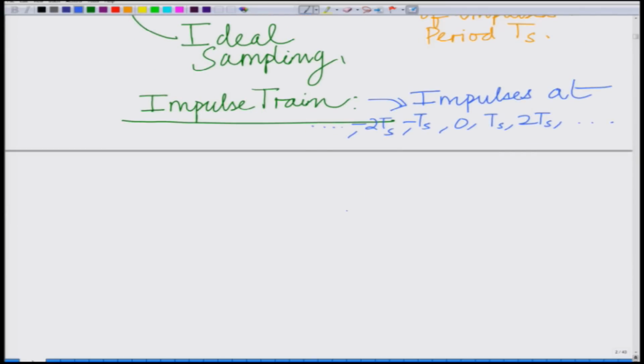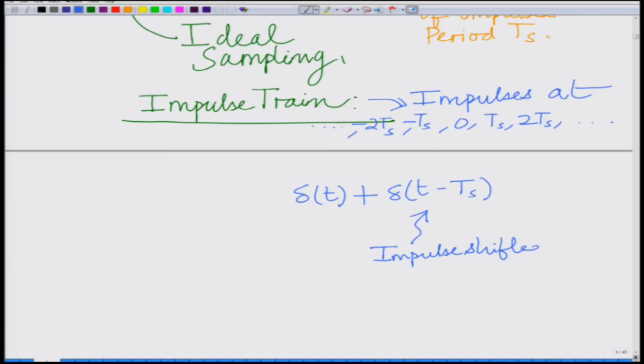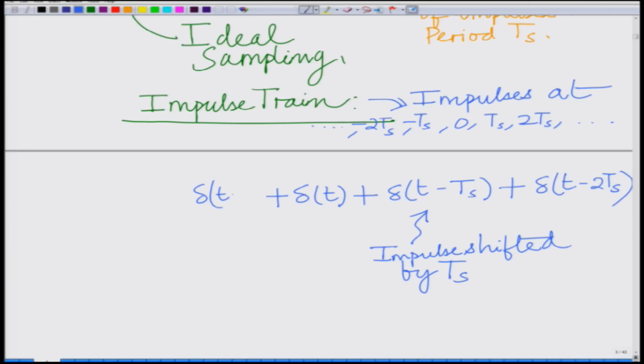The corresponding signal is an impulse at 0, delta t, plus an impulse shifted by Ts, plus delta t minus 2 Ts, plus also impulses at minus Ts, that is delta t plus Ts, and delta t plus 2 Ts, and so on.